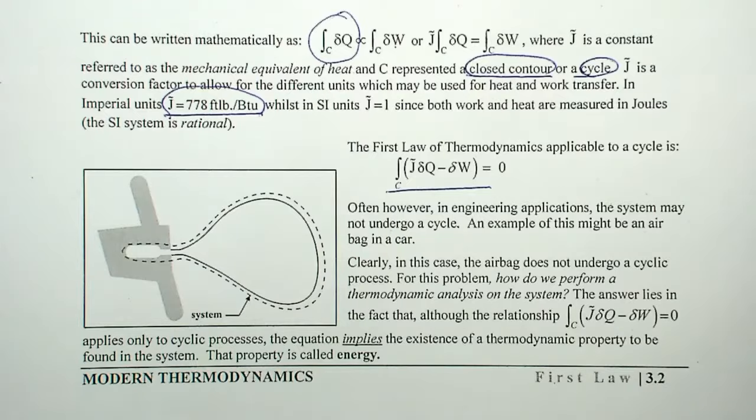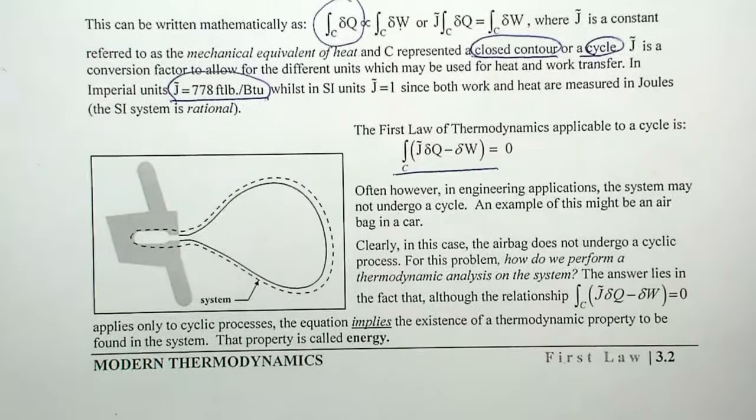Actually, it gives you something interesting, because first of all, the first law has to be applicable to this as well, because it's an engineering application, an engineering problem, an engineering design, and therefore these laws will be applicable to that as well.